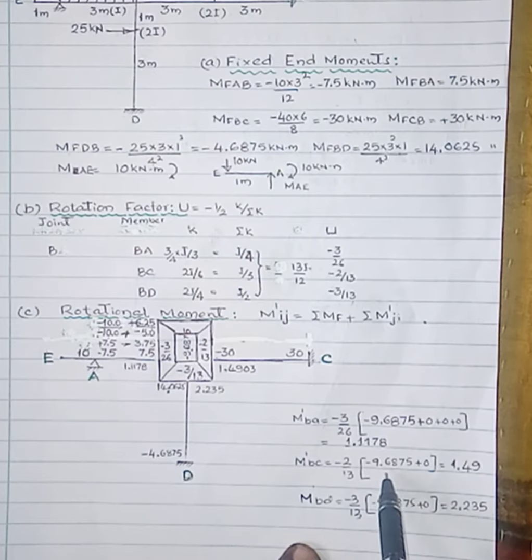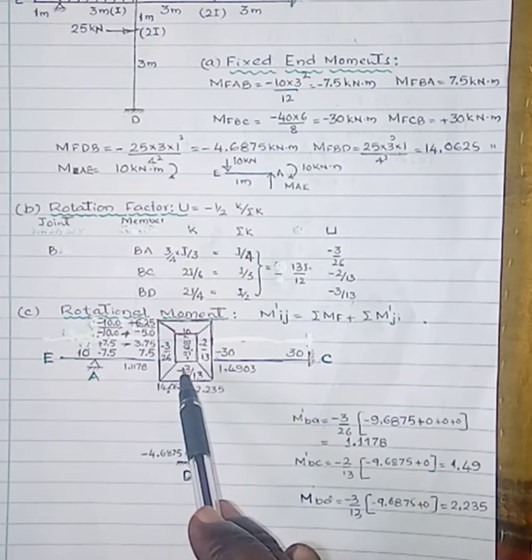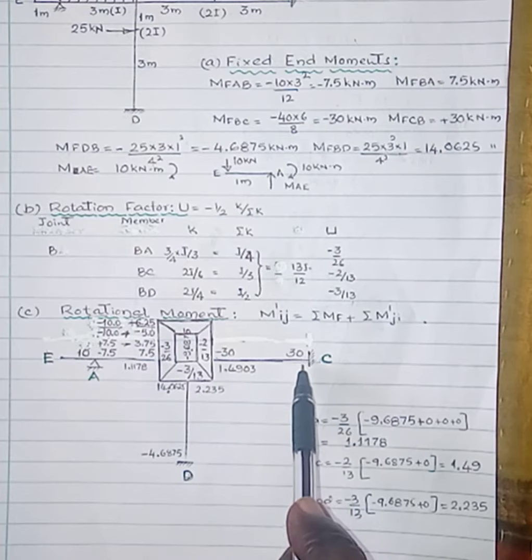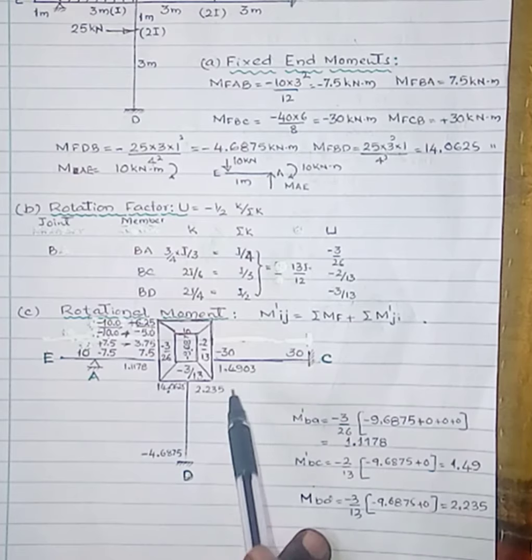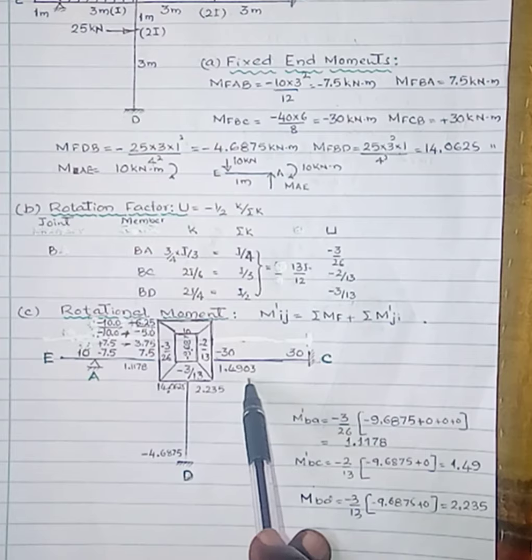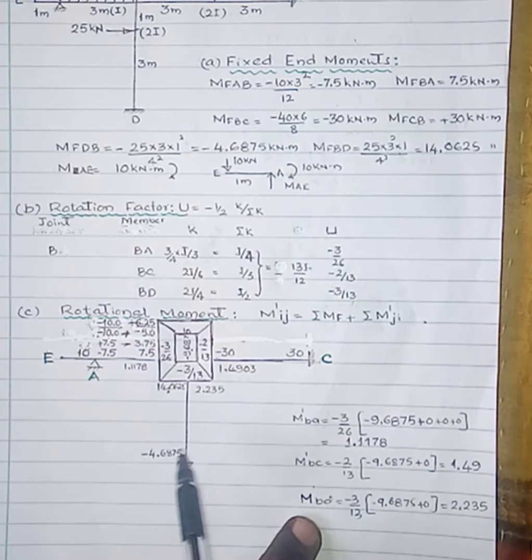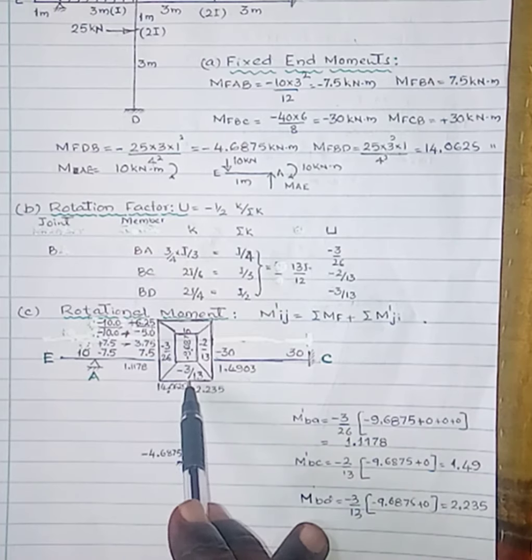For M dash BC, the rotational factor is minus 2 by 13. Inside the bracket, the sum of the fixed end moment is minus 9.6875 plus far end contribution 0 from C, 0 from D, 0 from A, then that equals 1.4903, that we have to write here. M dash BD, for the vertical member, the rotational factor is minus 3 by 13.